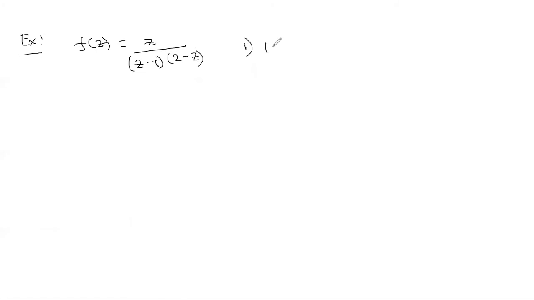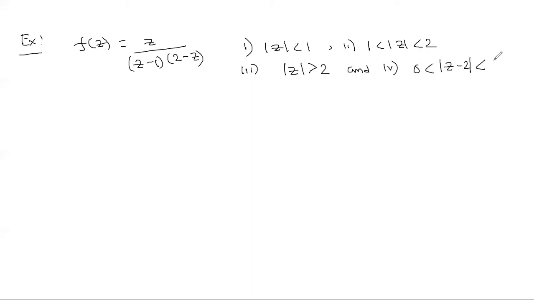You see, it is mod z strictly less than 1, then 1 less than mod z less than 2, mod z strictly greater than 2, and 0 less than mod z minus 2 less than 1. Okay, now we want to expand the function f(z).